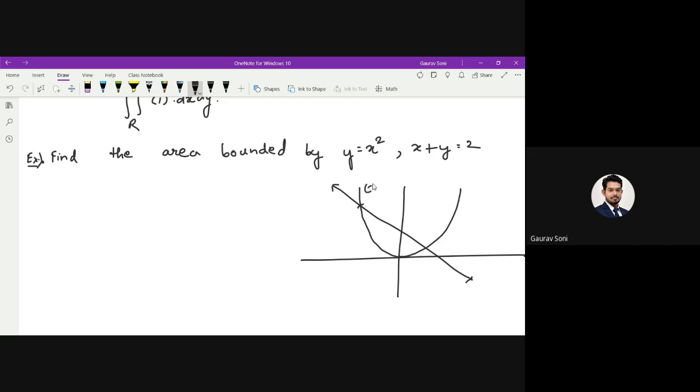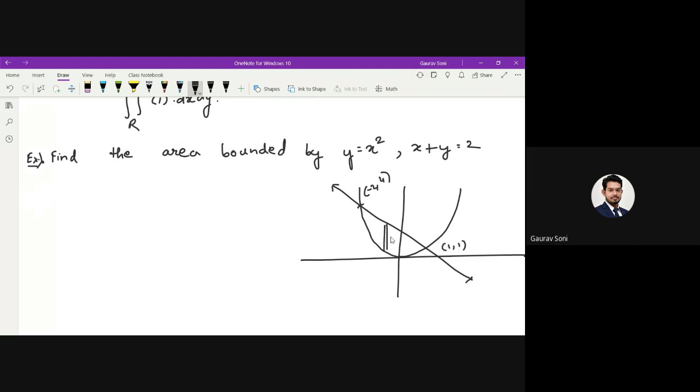This point is -2, y will be, sorry, -2, 4. And this point is 1, 1.